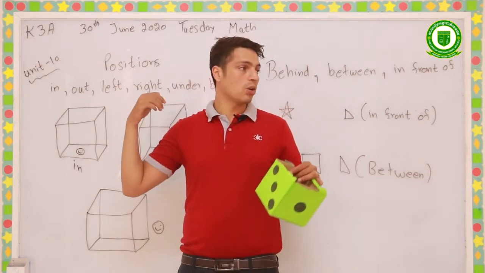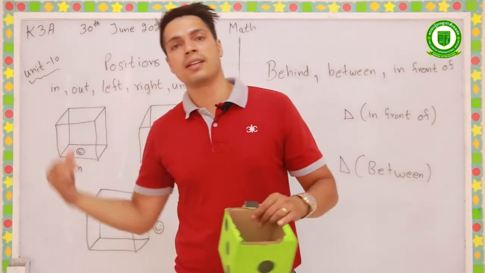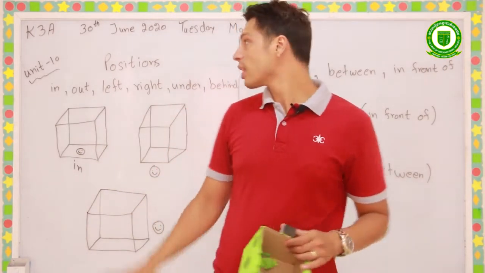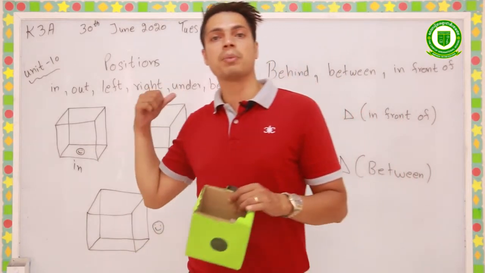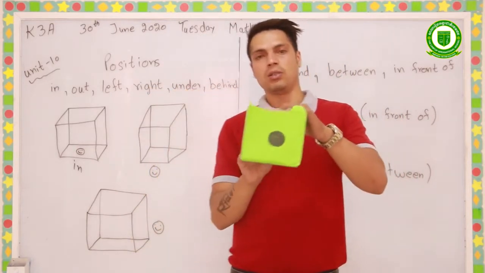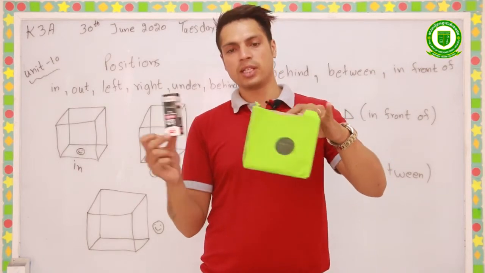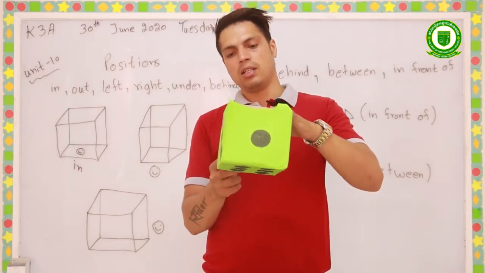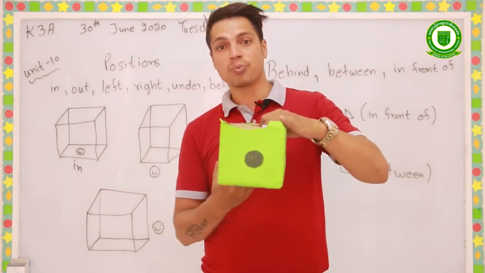If someone is at the back, you can mention the person's name, otherwise you can say behind me is the whiteboard. I can also explain with this: I place this box behind this, so it's behind.